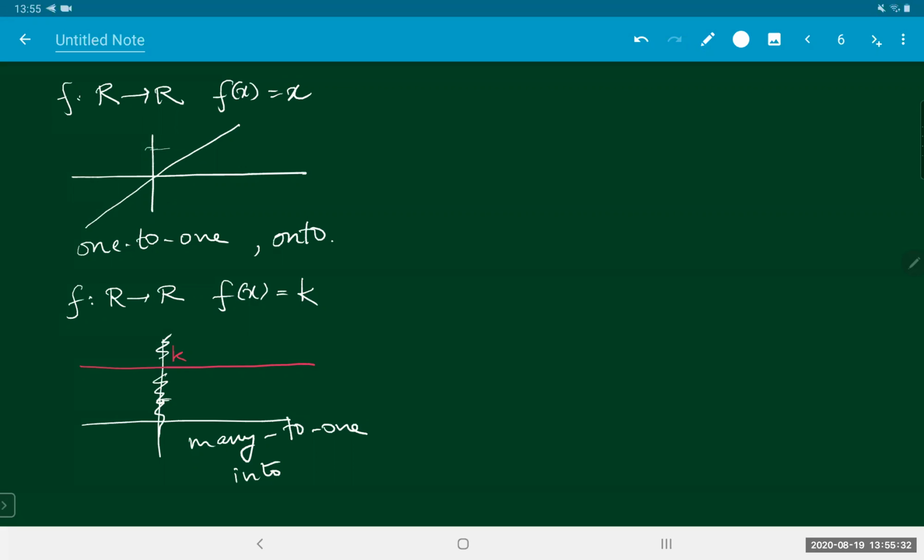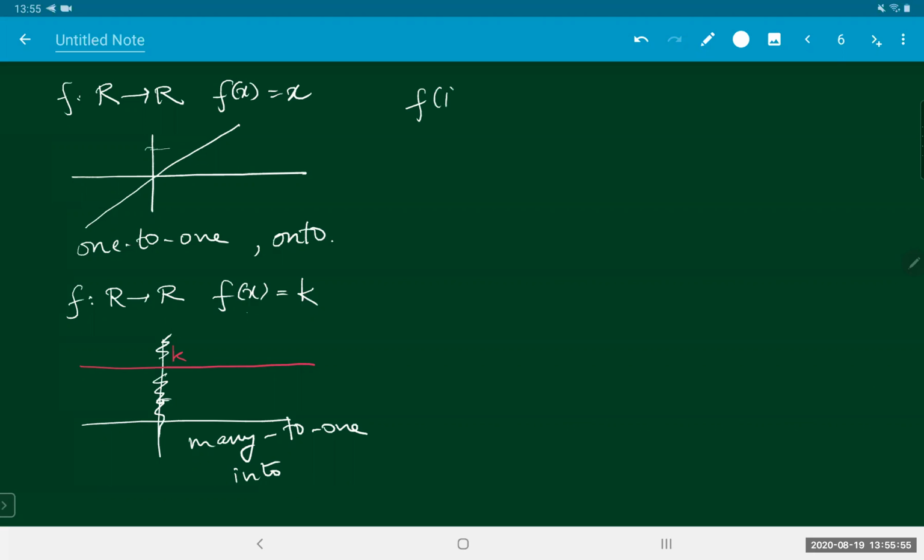Professor, could you please repeat why it is many to one and not one to many? This one, f of x equals k. Okay. So f of x equals k means no matter what x is, the value of the function is always k.